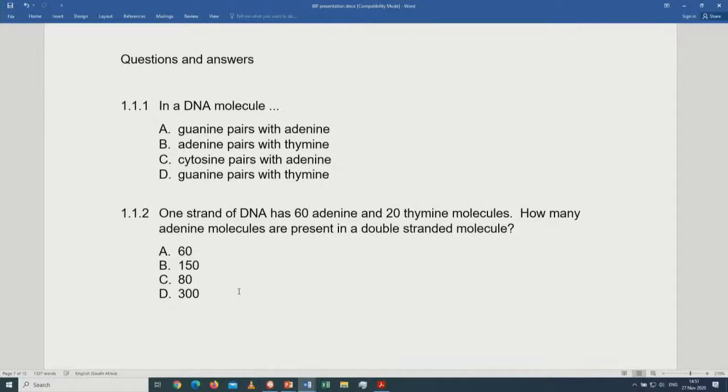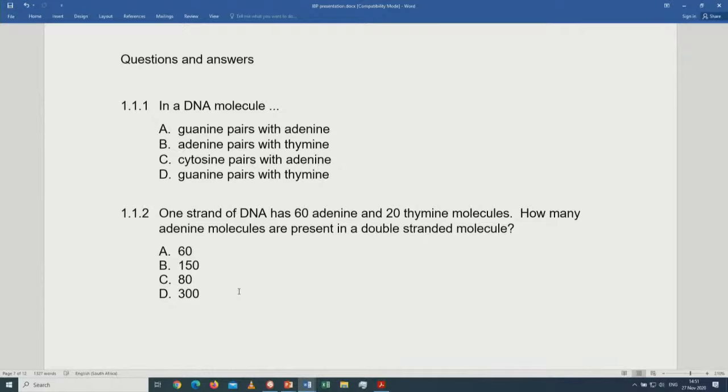And it also indicates that one strand has 60 adenine and also has 20 thymine. And what must be determined is how many adenine molecules there are.